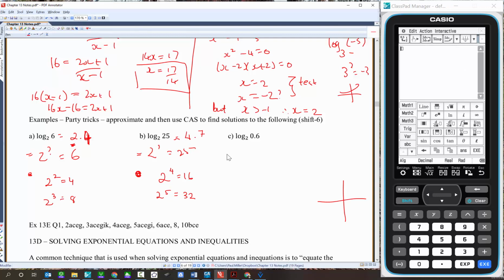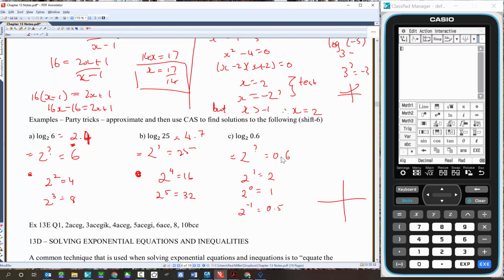Okay, this final one here is a little bit tricky. Okay, so the way I would think about this one here is that 2 raised to what power will give me 0.6 as an answer. Let's think about it. 2 to the 1 equals 2. 2 to the 0 equals 1. 2 to the negative 1 is 1 over 2 is 0.5.